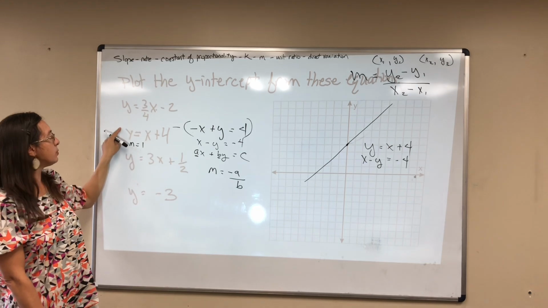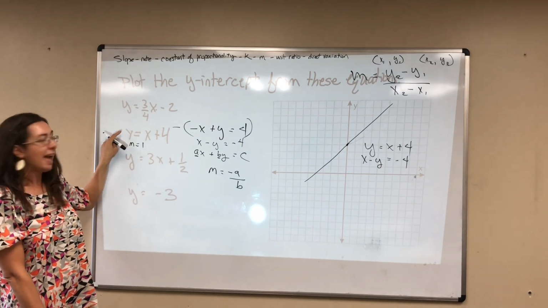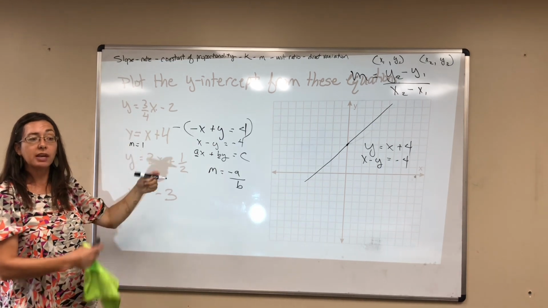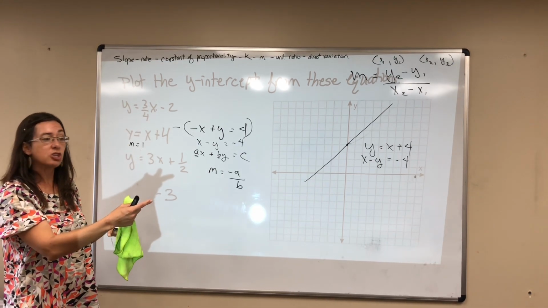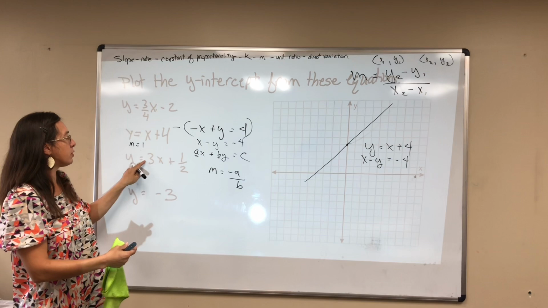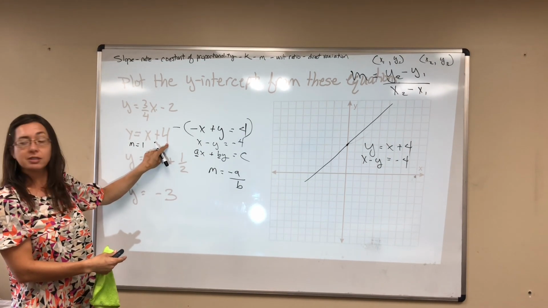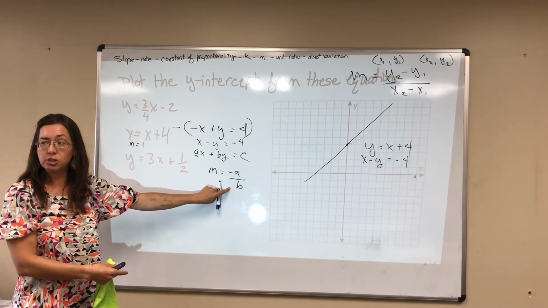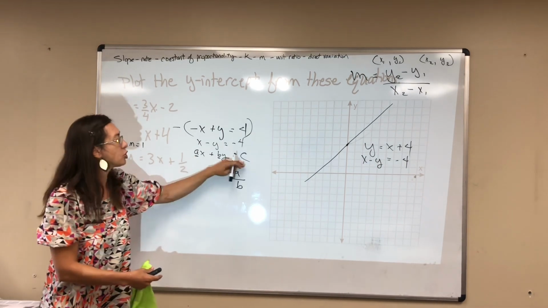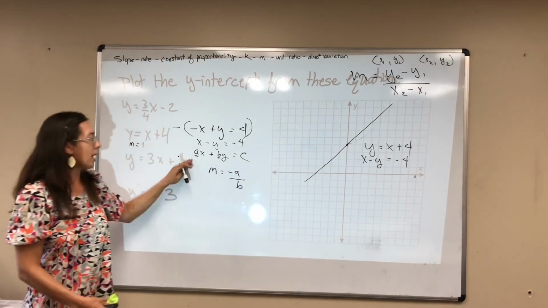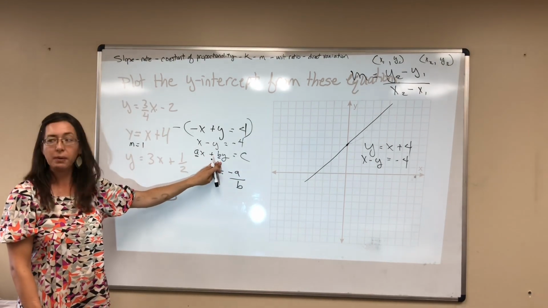So if he did, we would want to get rid of him. How is he attached to the y? By multiplication. So the inverse is division. So we would have to divide him off, which means if I divide on one side, I have to divide the whole other side by that. Okay, so this is a shortcut way without reworking it all the way out, where I can say my slope is negative a over b.